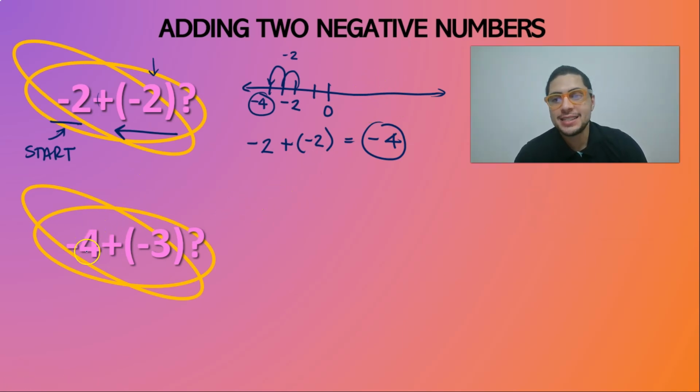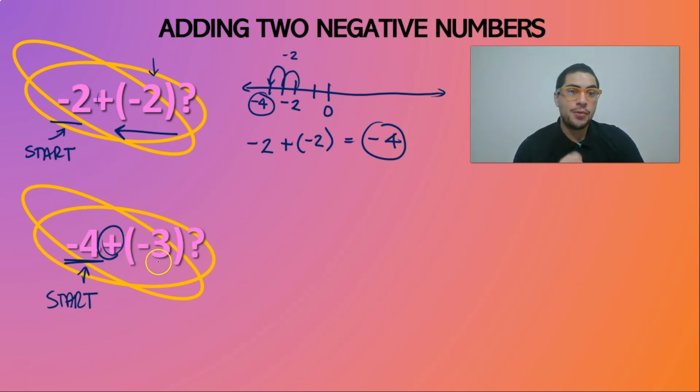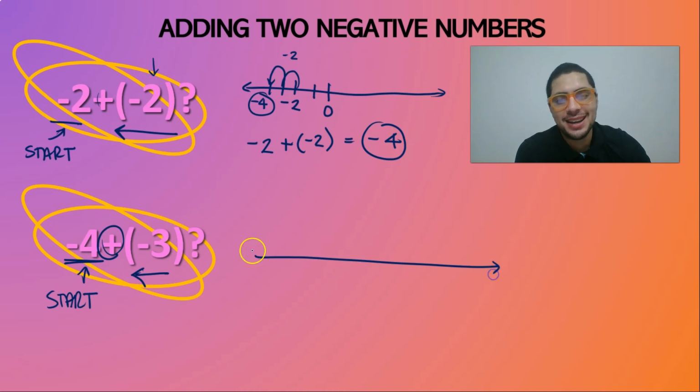So the next one says that we're going to start at minus 4. So that's the point we're going to locate. And then we're going to be adding minus 3. So that means we're going to move 3 positions to the left because that's what the negative indicates, right? So again, we draw our number line and we position ourselves in negative 4.